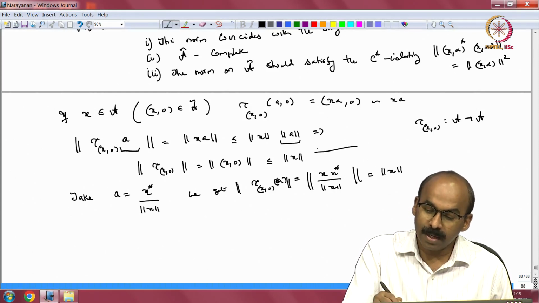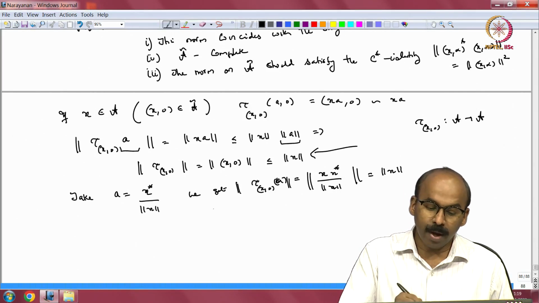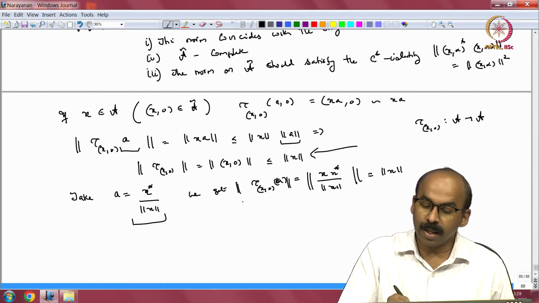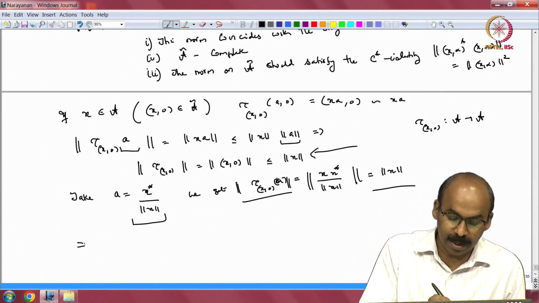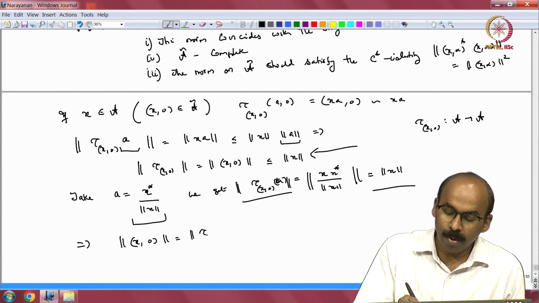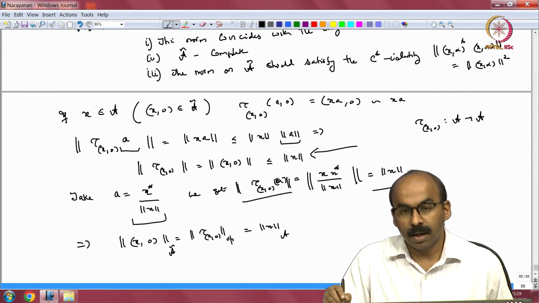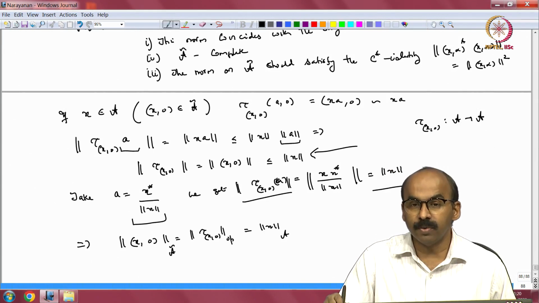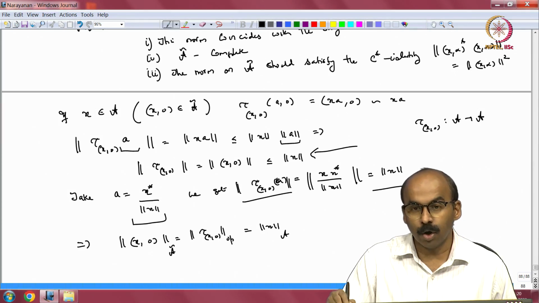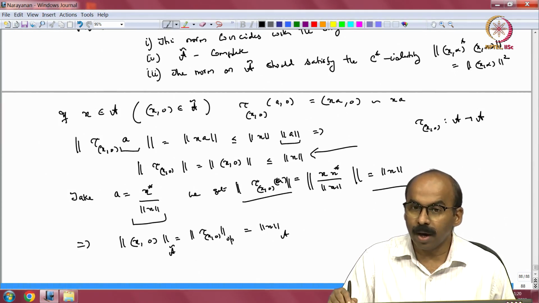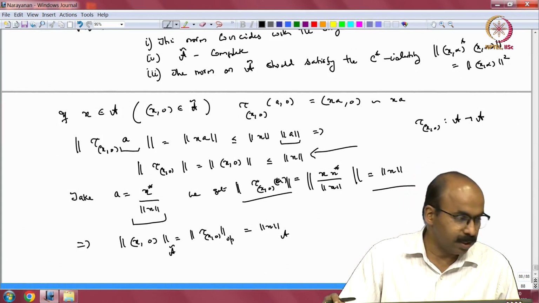So I know that the norm is less than or equal to norm x, but at some point on the unit ball they are equal. So this implies that the new norm of (x, 0), which is the operator norm of this operator, is equal to norm x, which is in A. So this is in A, this is in A tilde. The new norm we have defined, using the action of elements in A tilde on A and taking the operator norm, coincides with the norm on A if the element comes from A. That is what we have proved.